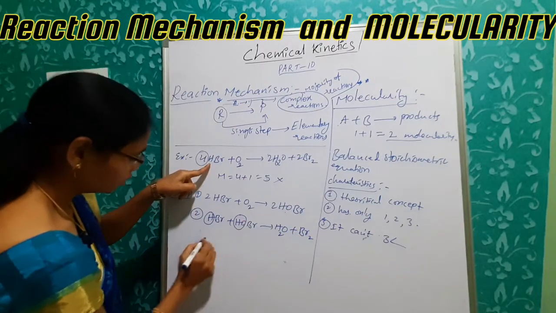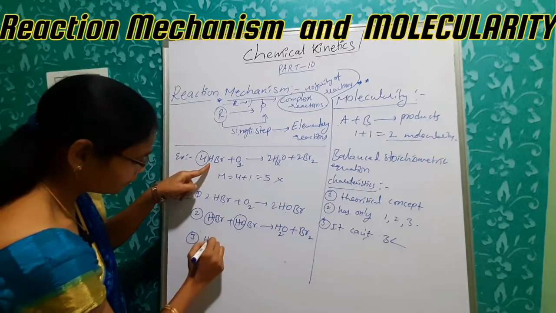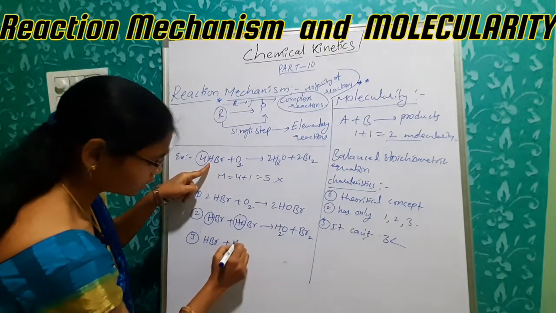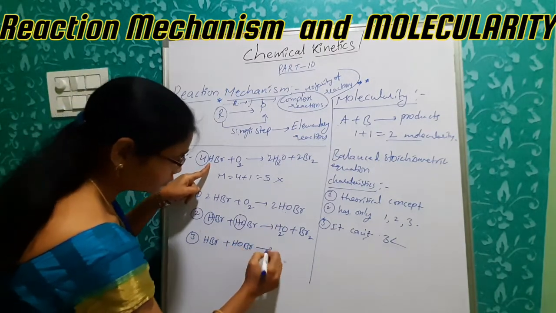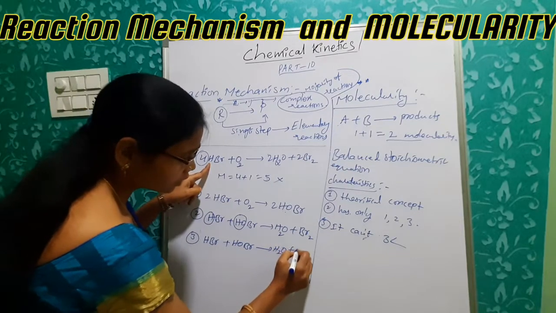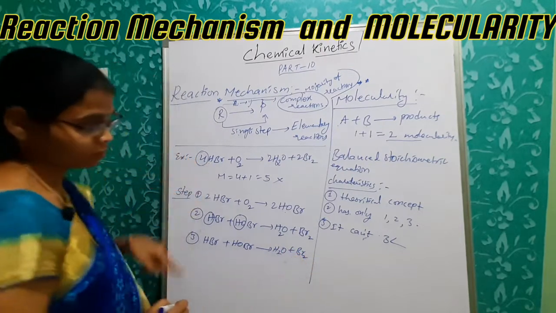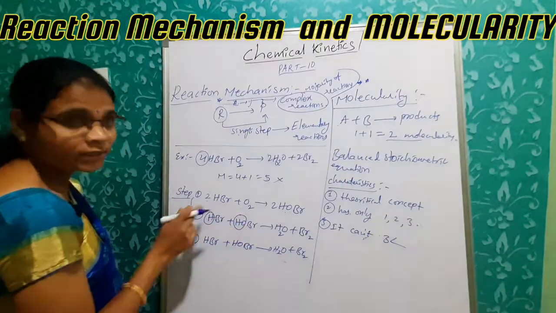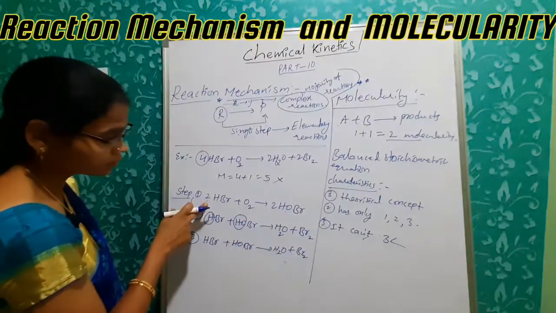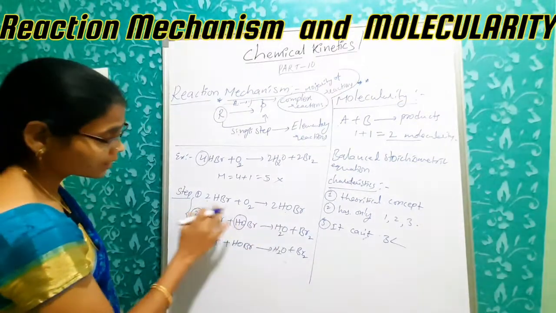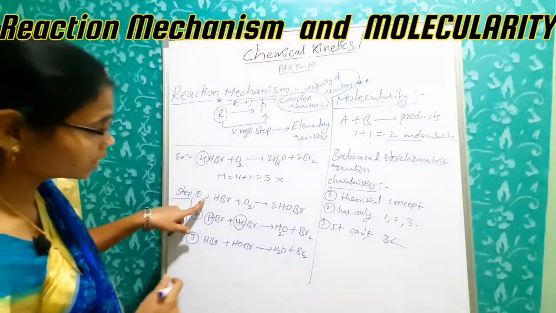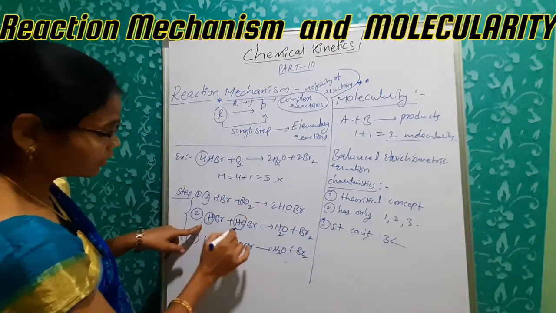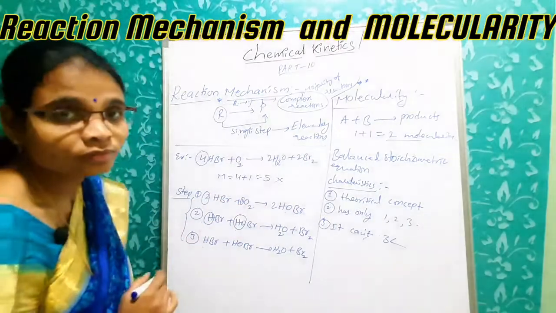Then the remaining HBr in the third step reacts with the remaining HOBr to give one more water molecule and Br2. So these three steps, each step has its own molecularity. Here molecularity is 3, 2 plus 1, then 1 plus 1, 2, and 1 plus 1, 2.